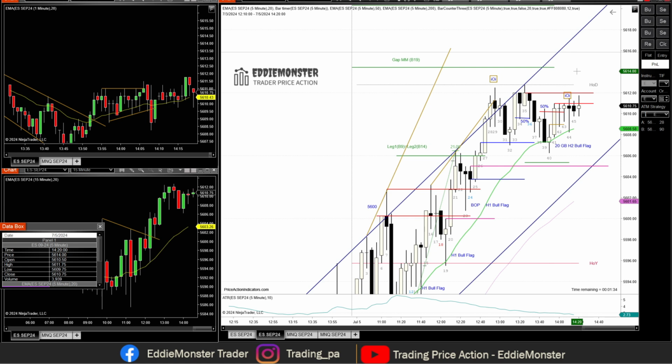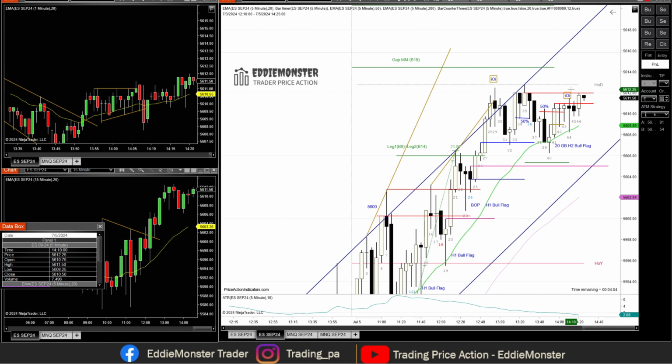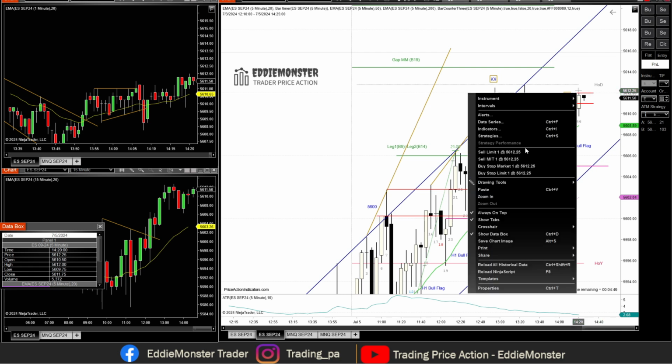So let's see how that bar will close. That's a good bar to buy above. Yeah, it tested the high of the close of 35. So we have follow through. Obviously, we go up.